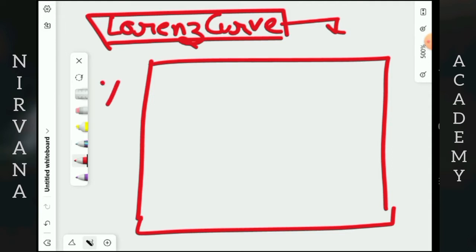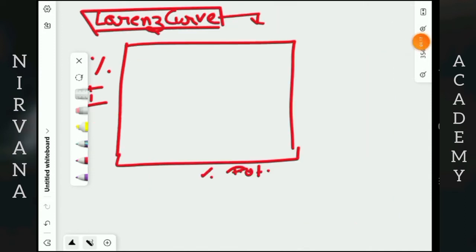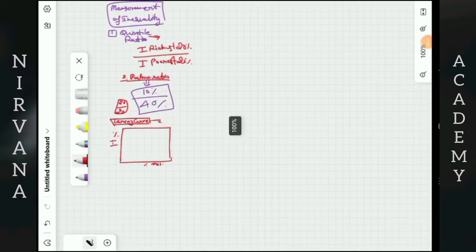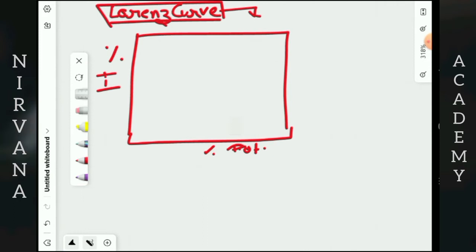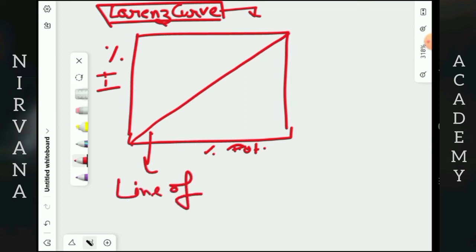On this side we will take percentage of income, and on the x-axis we take percentage of population. In this method we take the diagonal and this is called as line of absolute equality.